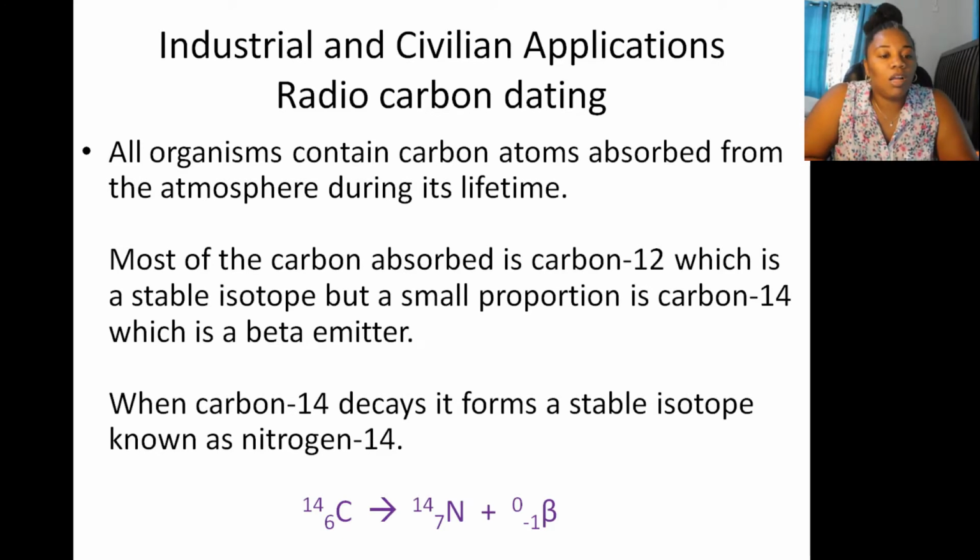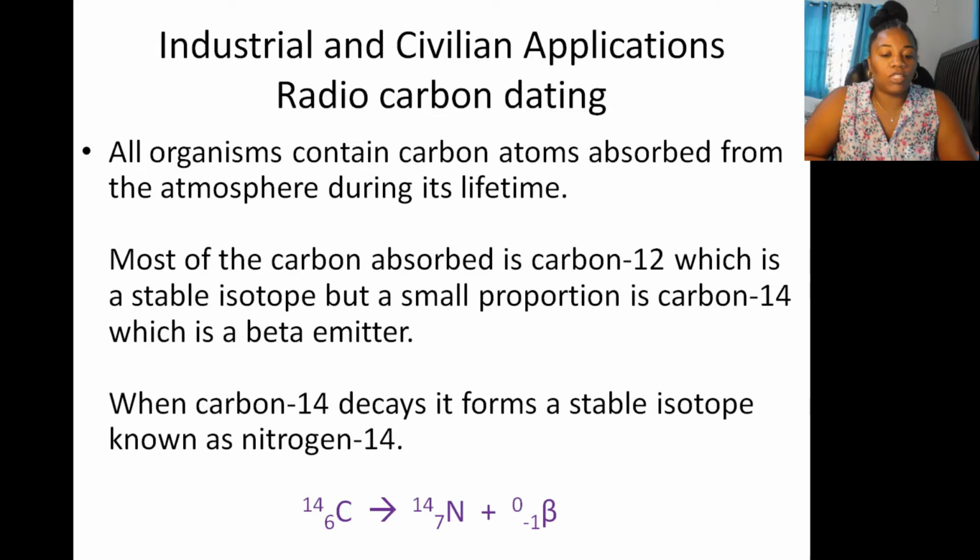So all organisms contain carbon atoms absorbed from the atmosphere during its lifetime. Most of the carbon absorbed is carbon-12, which is a stable isotope, but a small portion is carbon-14, which is a beta emitter. When carbon-14 decays, it forms a stable isotope known as nitrogen-14, and that is the equation right there.